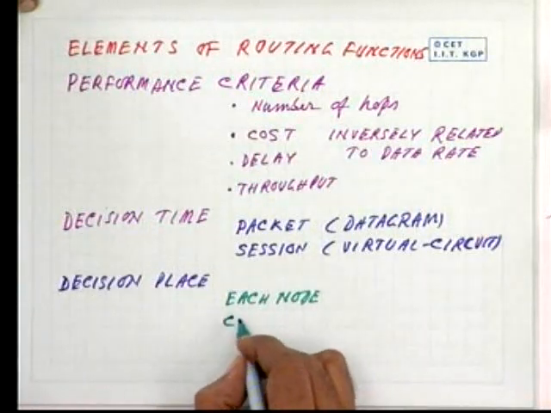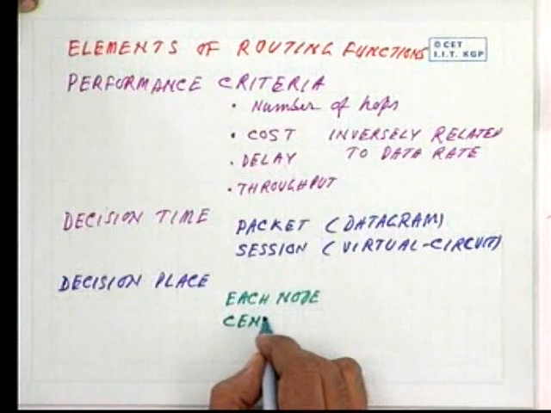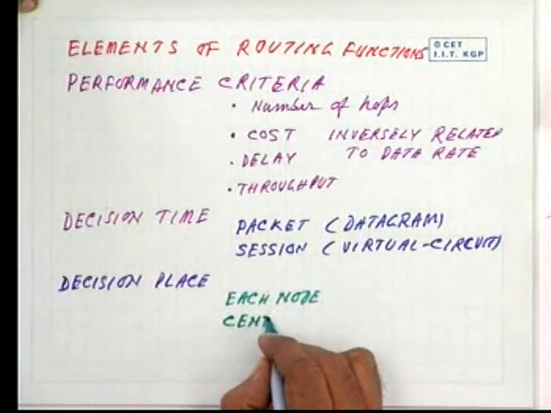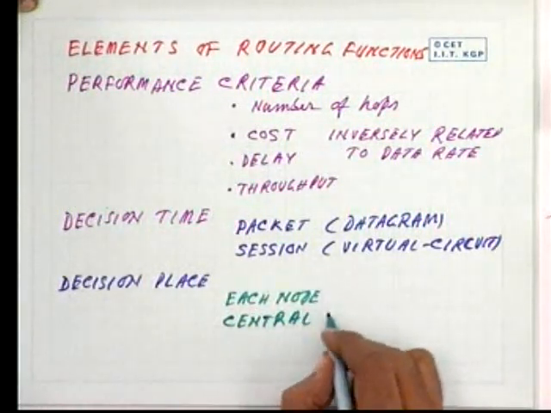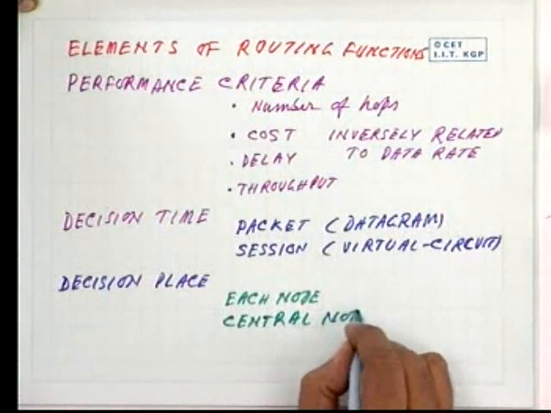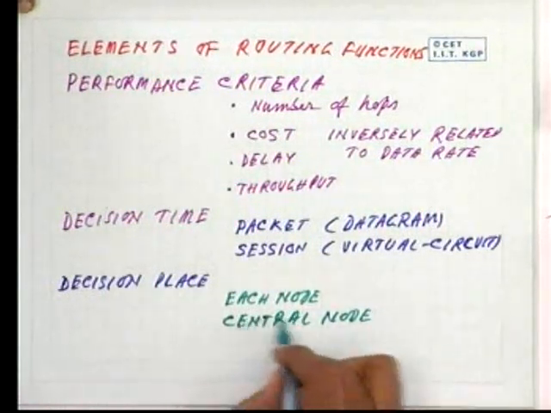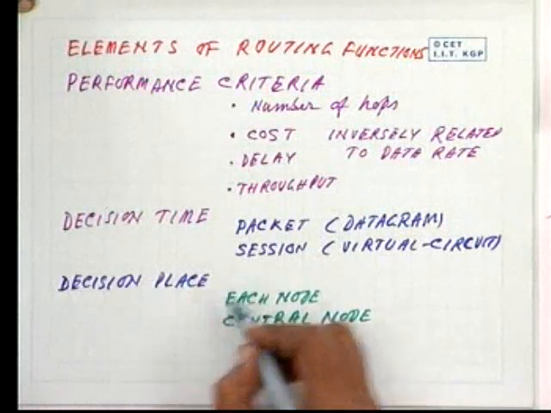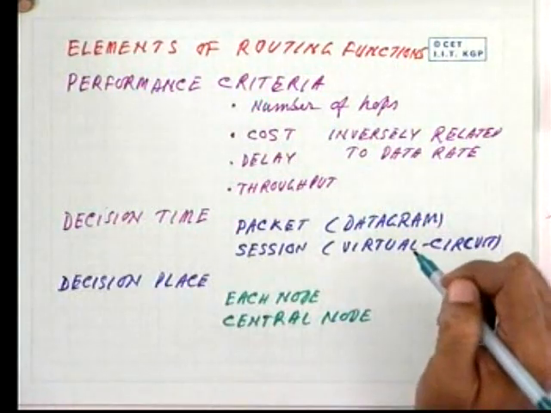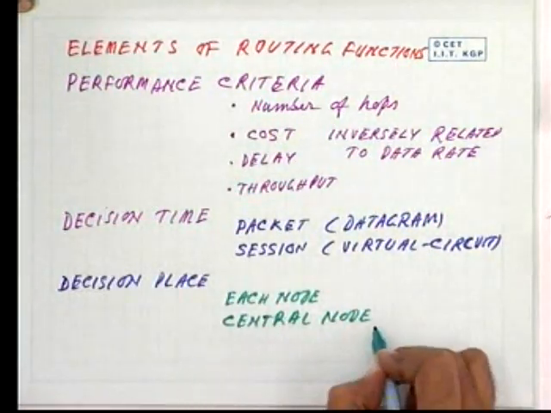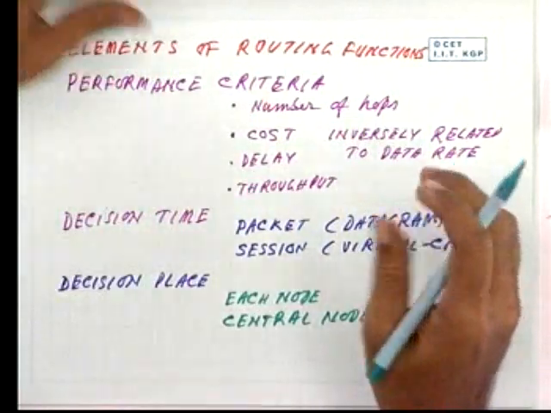Or it can be, say, central. There can be a central node which decides the routing techniques. In a centralized algorithm, one particular node will decide how the routing will take place.